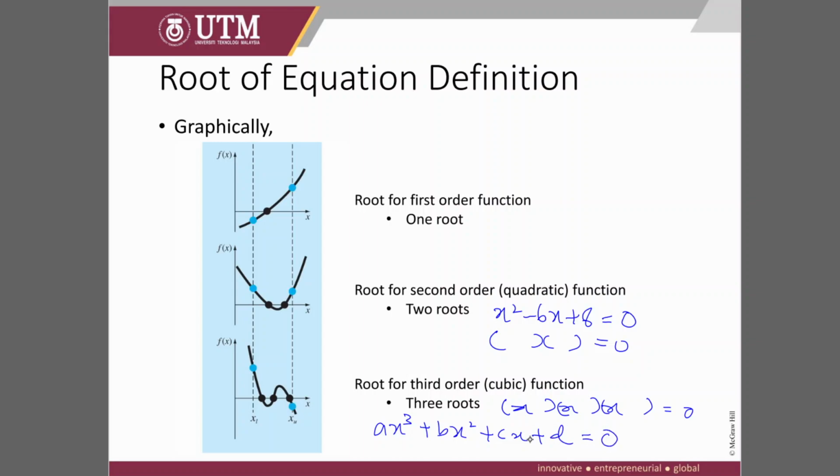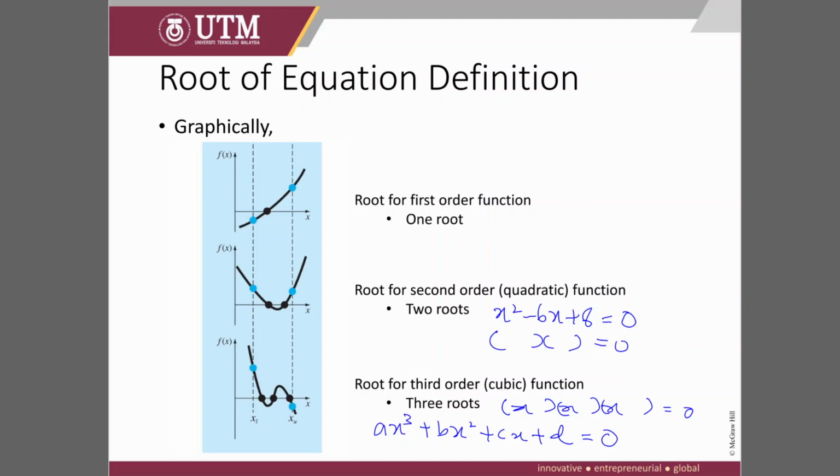The highest order in this equation is 3, so it has 3 roots. So the order is determined by the highest power. In this case it's 3, in this case it's 2.